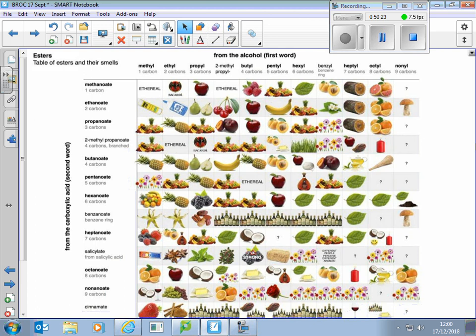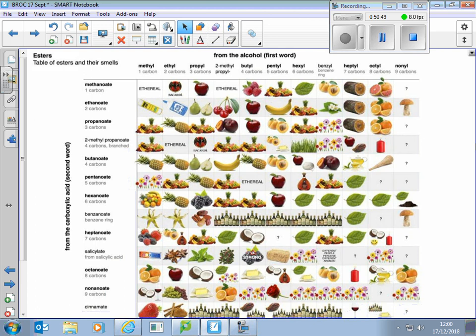Methyl propanoate, fruity. 2-methyl propanoate, fruity. Methyl butanoate, very definitely pineapple. Methyl pentanoate, flowers. Coming down, methyl benzenoate. We haven't mentioned benzene yet. I think that's vanilla. Looks like a starfish.